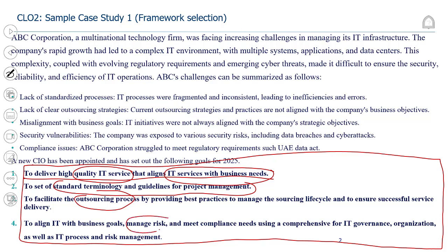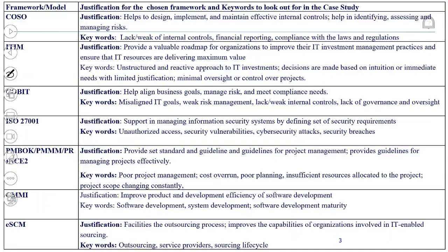Things like manage risk, meet compliance, for example, comprehensive IT governance. So look at your goals, and I've come up with some guidelines, some of the things that you could look out for.